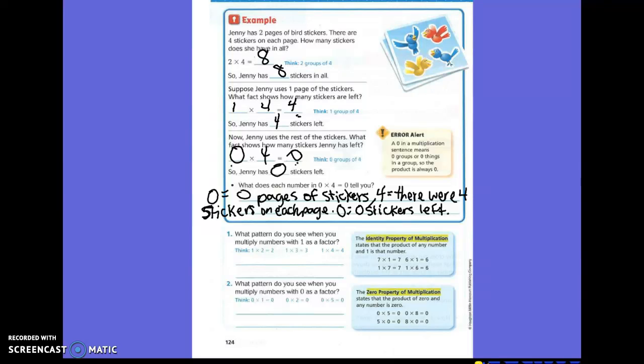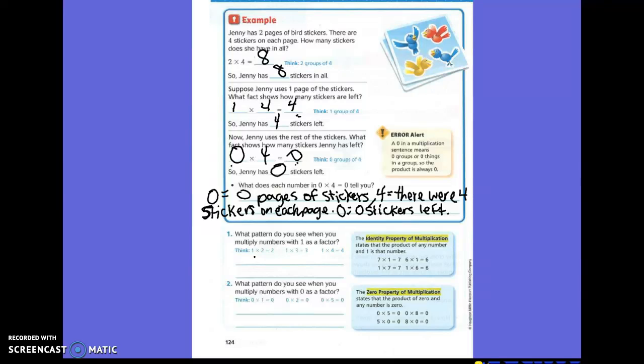Okay, now number 1. Look at number 1. What pattern do you see when you multiply factors with 1 as a factor? You look at this. 1 times 2 is 2. 1 times 3 is 3. 1 times 4 is 4. Let's look right here in this blue box, right beside that number 1. The identity property of multiplication states that the product of any number and 1 is that number.